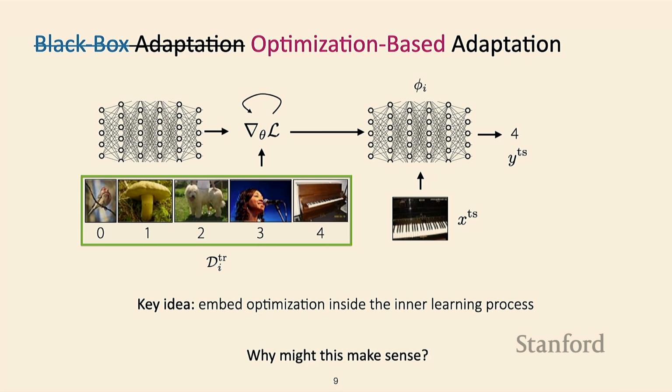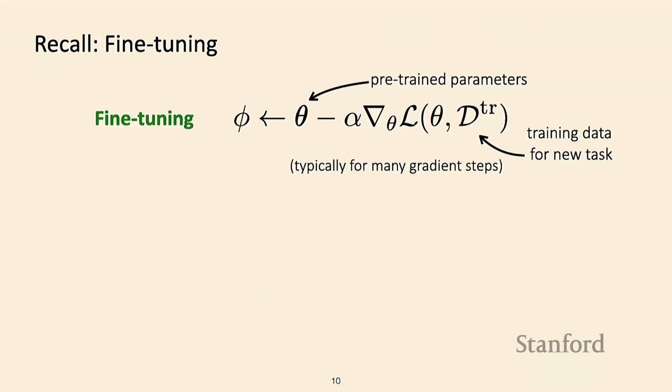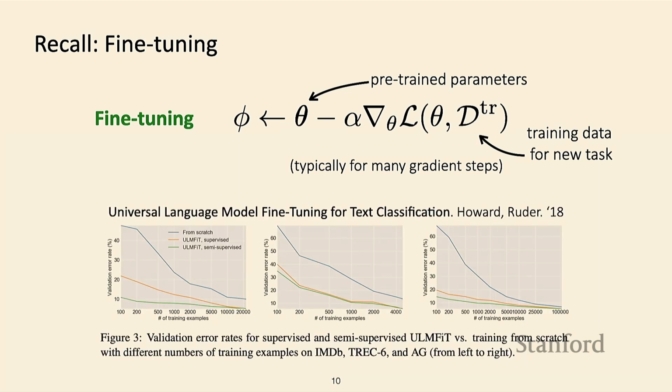Now, why might this make sense? If we go back to a couple lectures ago, we were talking about fine-tuning. We would take a set of pre-trained parameters, theta, and run gradient descent initialized with those pre-trained parameters. And we found that fine-tuning can actually work much better than learning from scratch.